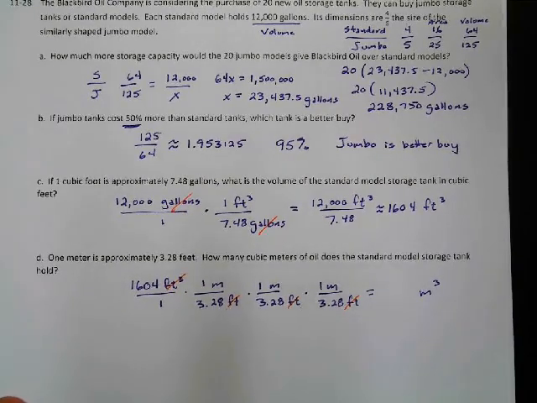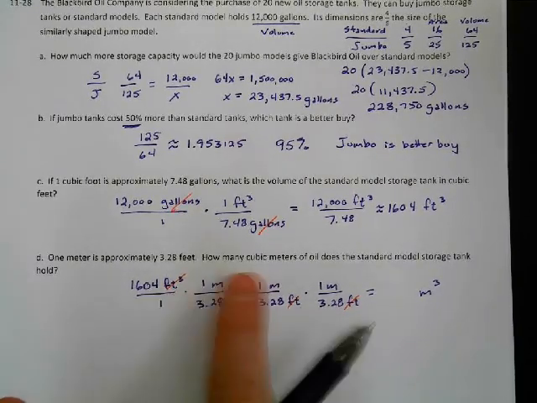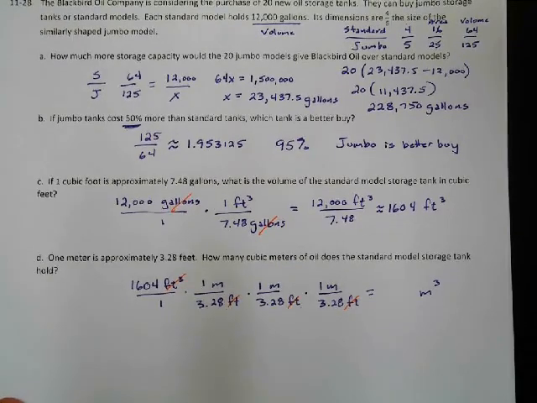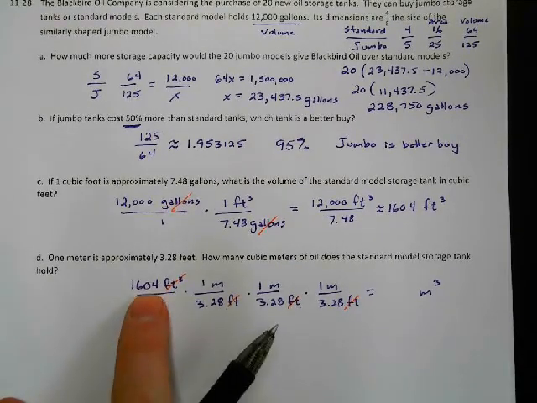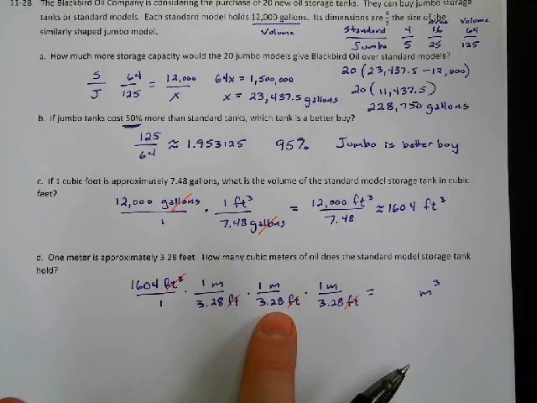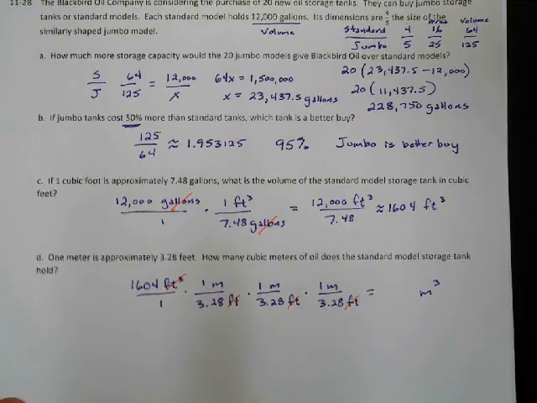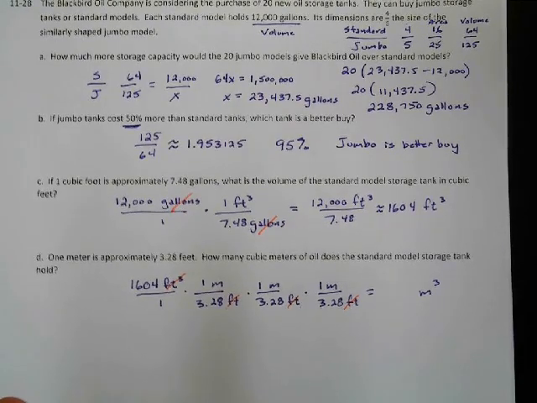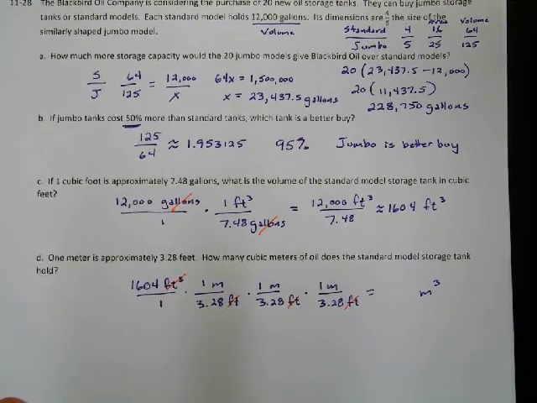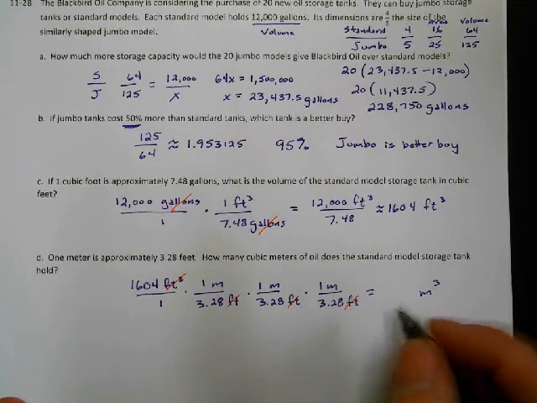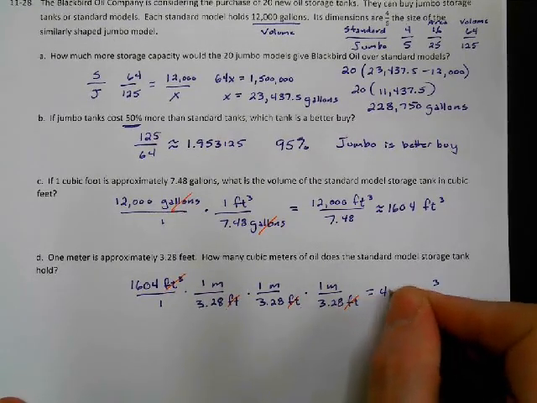I wanted cubic meters. Okay, so I'm just going to do 1604 divided by 3.28, divided by 3.28 again, divided by 3.28 again. And we get approximately, I don't know, about 45.5 meters cubed.